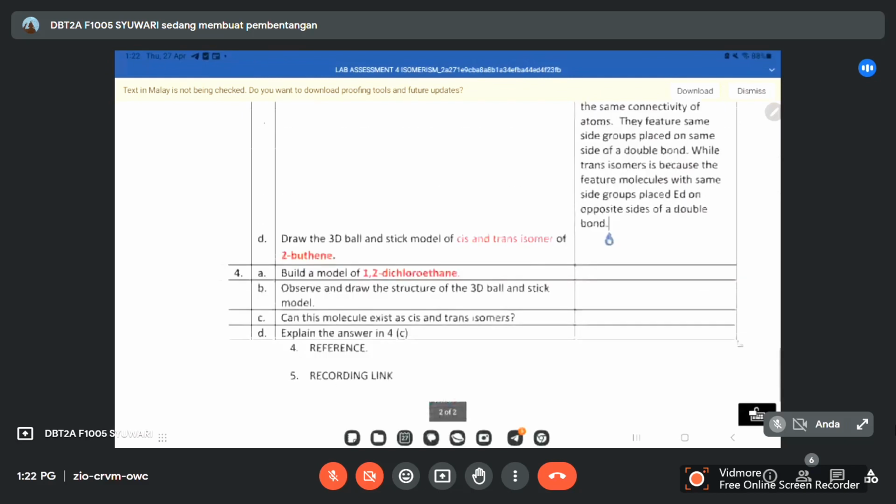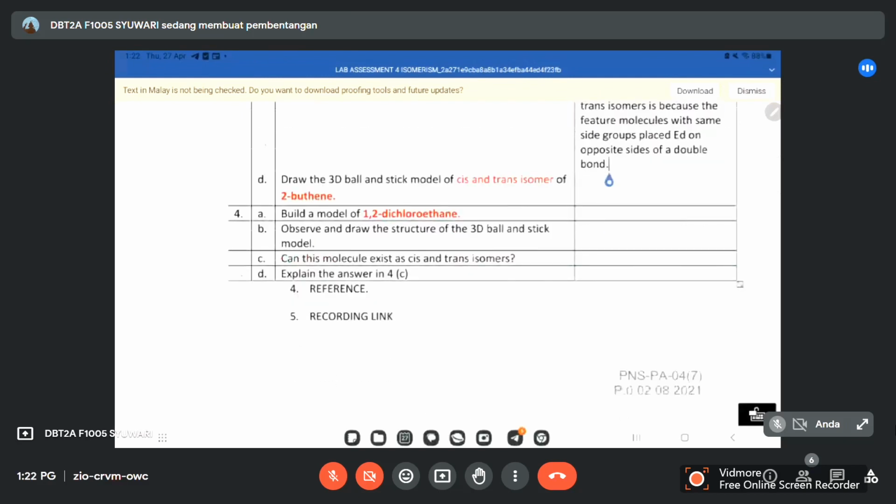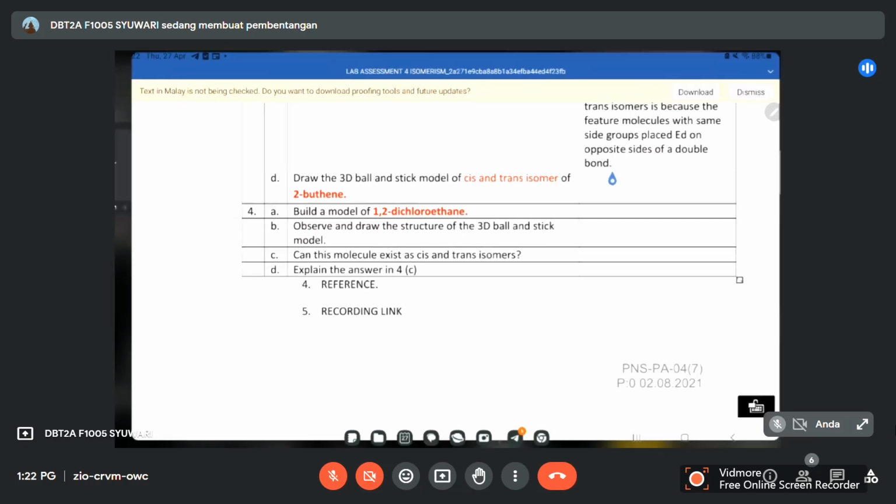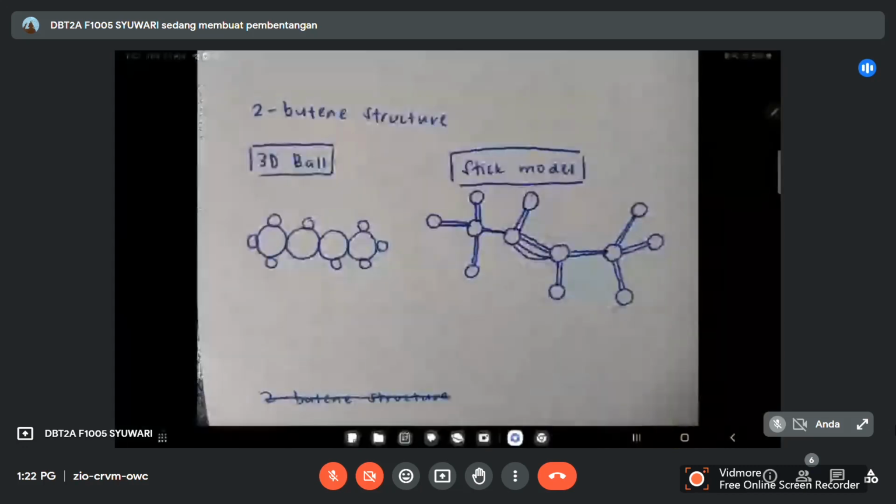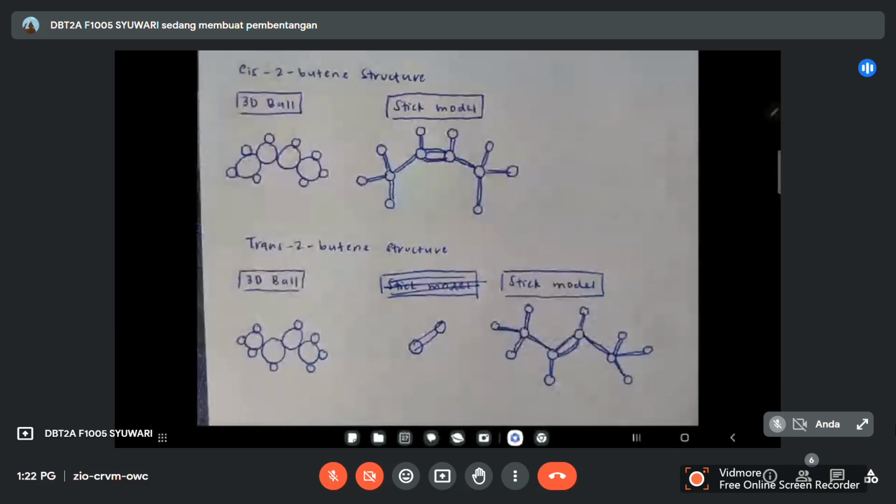So for 3D, draw the 3D ball and stick model of the cis and trans isomer of 2-butene. The answer is this one. So we can see here the cis-2-butene structure, which has the same connectivity of atoms, featuring same side groups placed on the same side of the double bond.